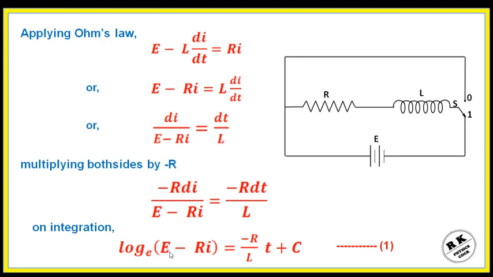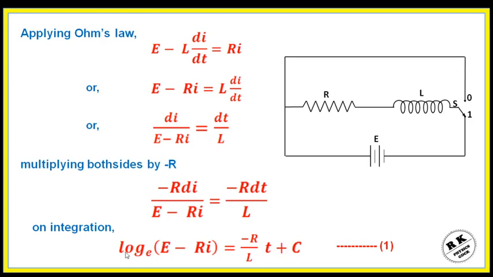log of capital E. This is the natural log with base e. Log can be to any base, either base e or base 10, or for that matter any base. Here it is taken as e.